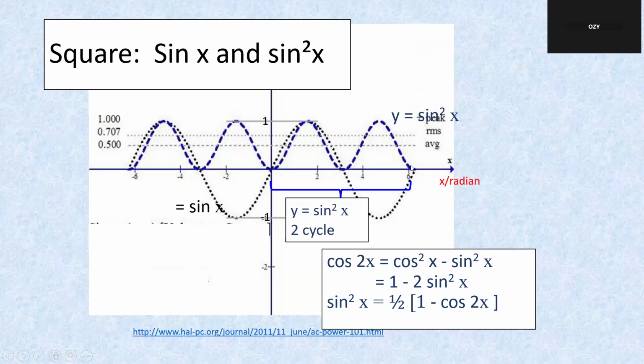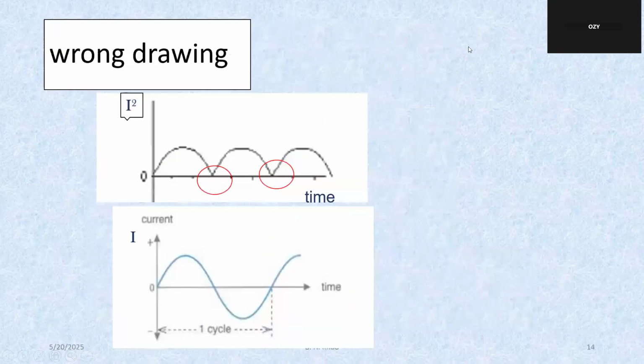That's another cycle, while your sine x is 1 cycle. Don't draw it this way. This is wrong. For alternating current, where you square it, if it's a sine curve, it's not this way. If there's your sine, you square it. That part is correct, but this part is wrong. Same thing: negative, you square, becomes positive.